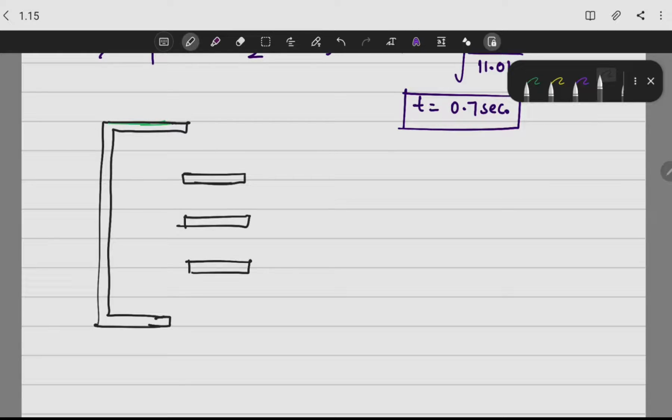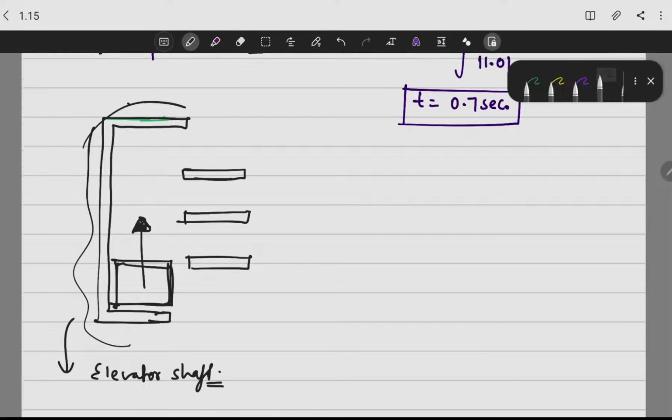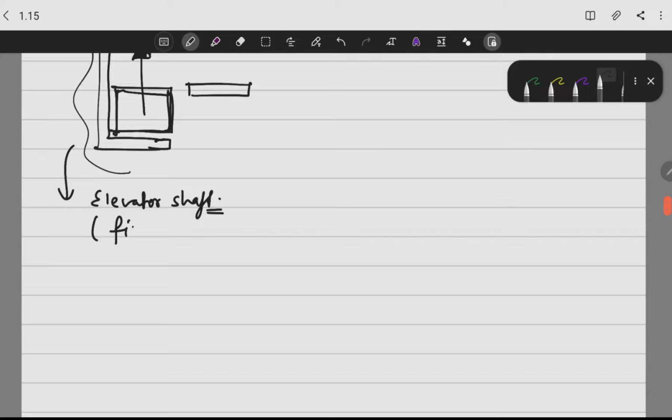Okay, so this is the lift, and let us say it is moving in the upward direction. This particular part is called the elevator shaft, and this is fixed to the building.